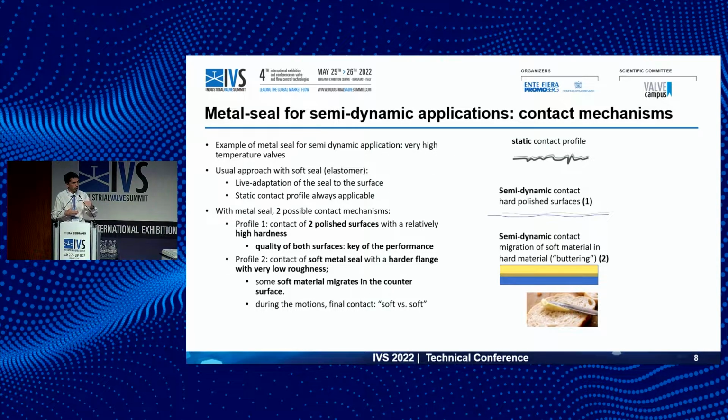But after 2 or 3 motions, there has been a migration, and finally you slide silver versus silver or gold versus gold, for example. What I call the buttering, so I put the picture with the butter on the bread, because it's exactly what's happening. You have the migration of the butter into the holes of the bread. That's what's happening also in this case.